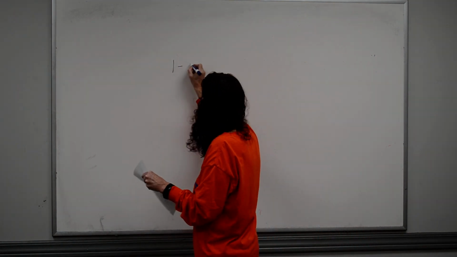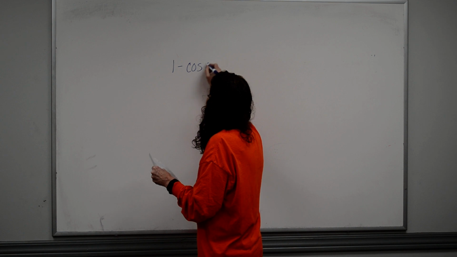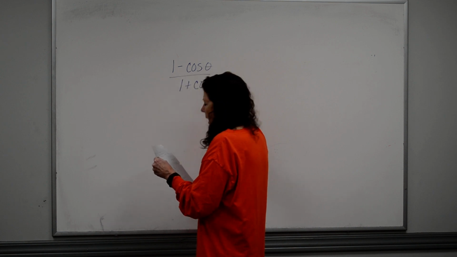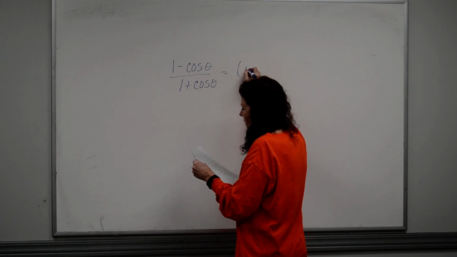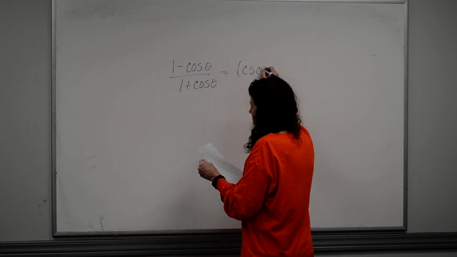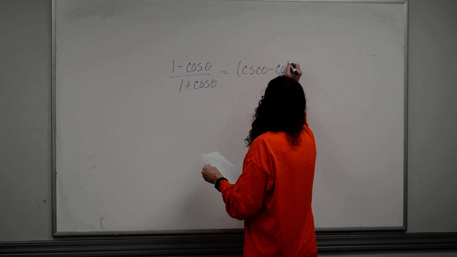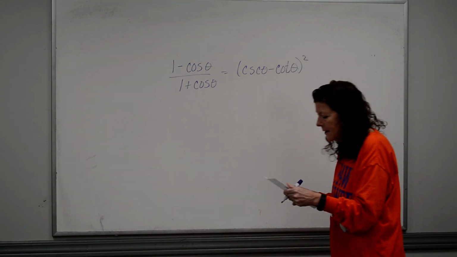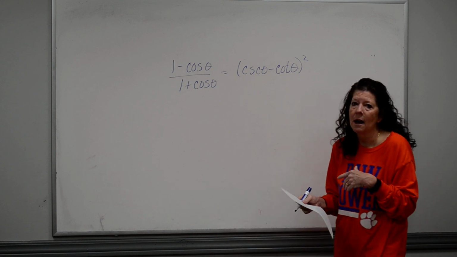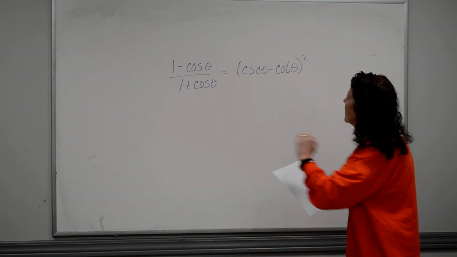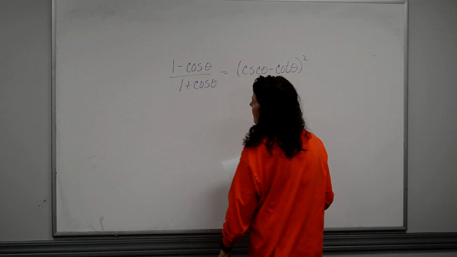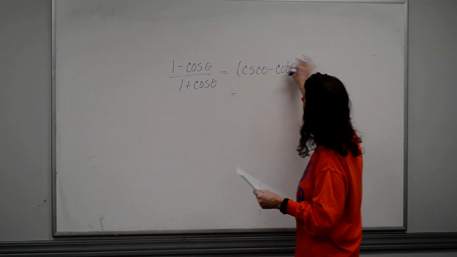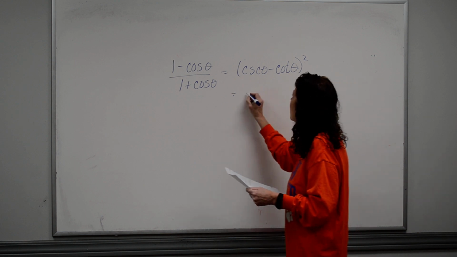So on number 17, I have that, and it's equal to the cosecant of theta minus the cotangent of theta squared. Now, my suggestion is to work on the right-hand side, because it really is the more complicated side. This is already in terms of sines and cosines. So when we do that, you would have to do FOIL on it. So we're going to do FOIL first.